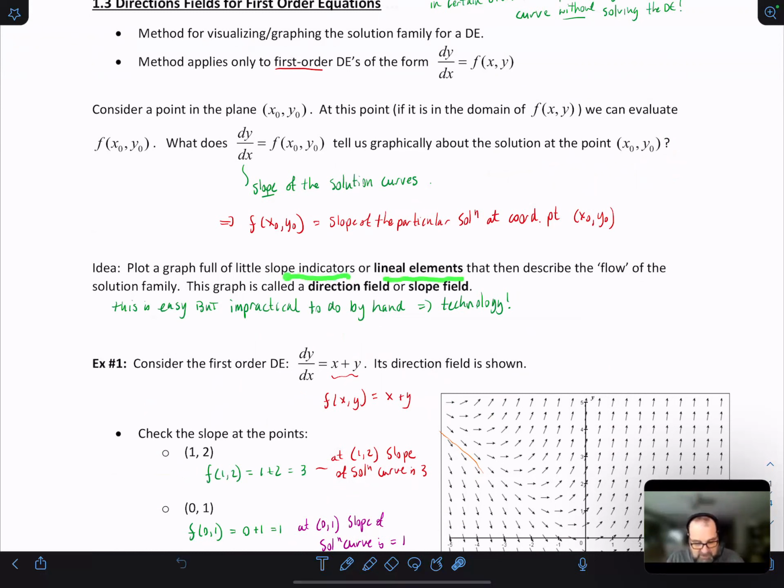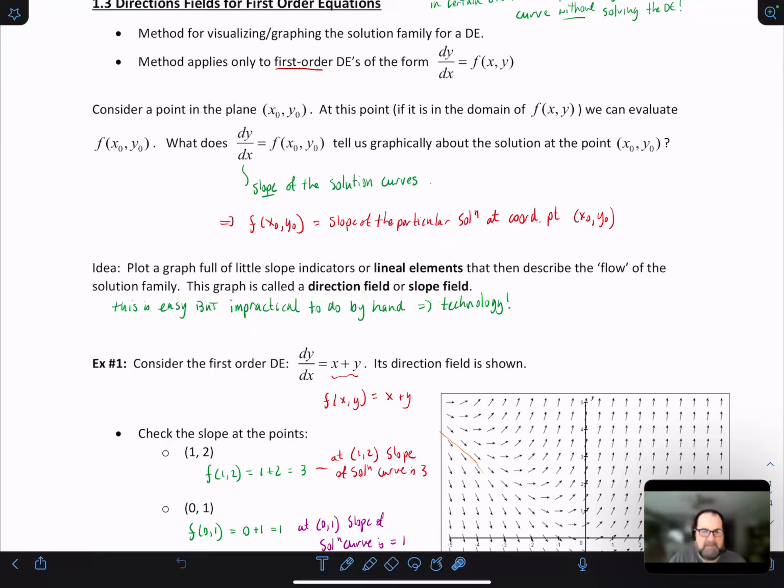I think the term slope indicator is a nicer term here. Basically, we plot a little line segment that depicts the slope at a bunch of points in our coordinate plane. So when we're done with all this, what we end up with is a graph called a direction field or a slope field.